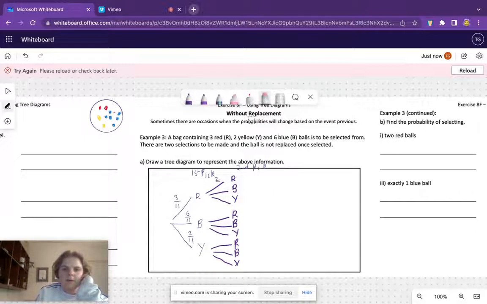So now we've got a 2. Have I left myself enough room here? It's always tricky. So now I've got a 2 out of 10 chance of getting a red one. And I'm going to simplify that fraction to 1/5. Next. So I've picked a red one, so now I've still got 6 blue ones left.